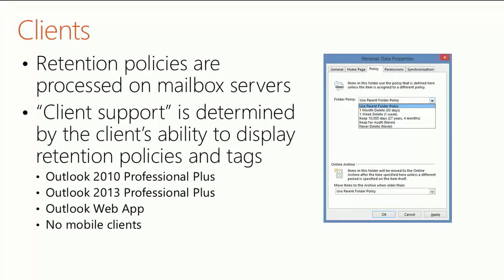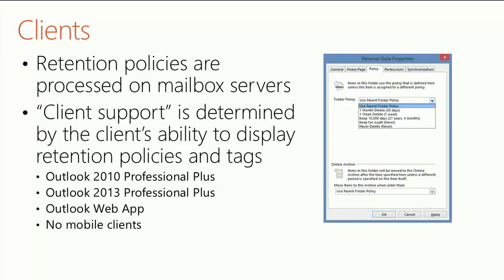Clients. As I said earlier, all retention policies are processed in mailbox servers. All happens behind the scenes. Client support, really, any client is supported. OWA for Android is supported. You just won't see the retention tag show up. In terms of client support, it's when do I see policies? When do I see the tags?